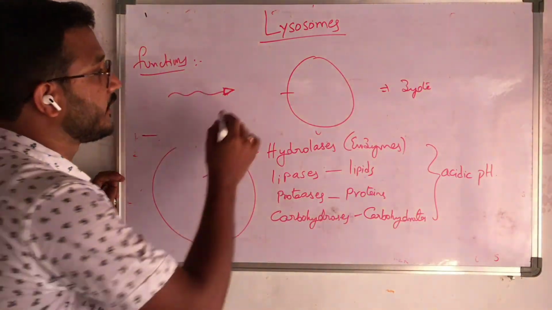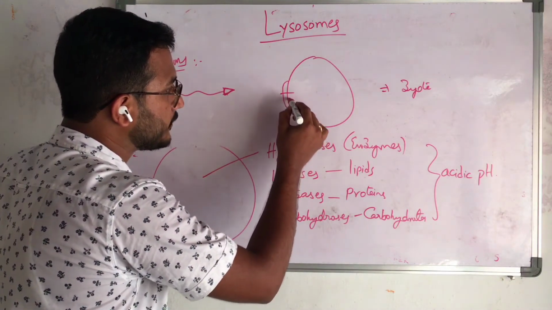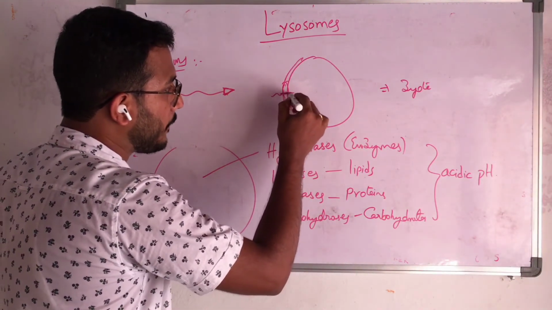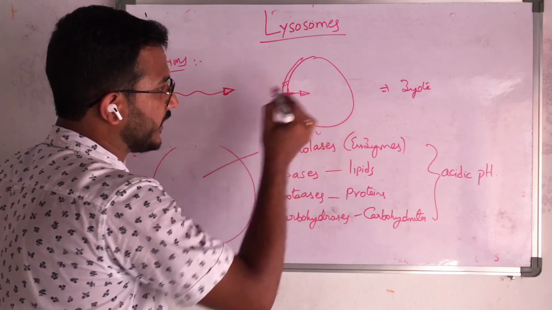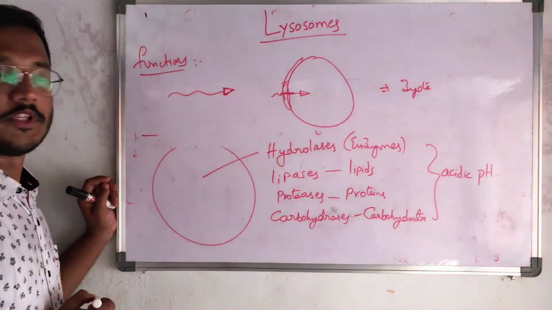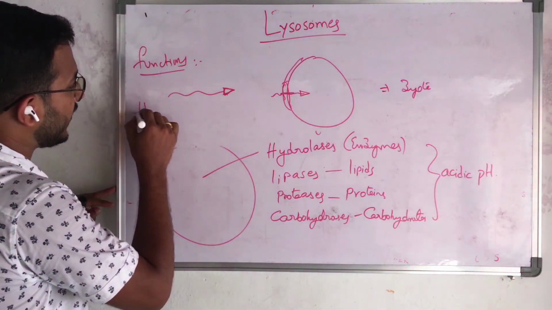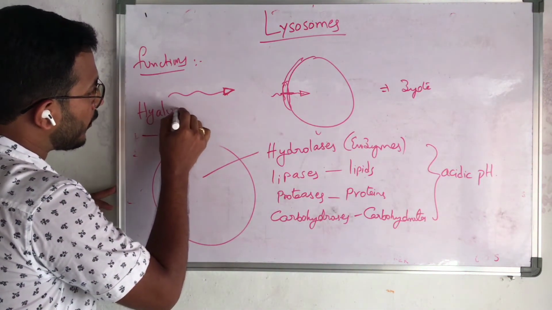So for rupturing this dense membrane, the sperm has to break the membrane and go inside. That's why these lysosomes have a special enzyme, hyaluronidase.